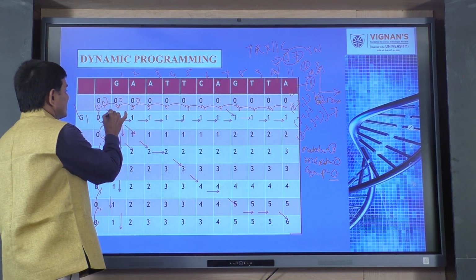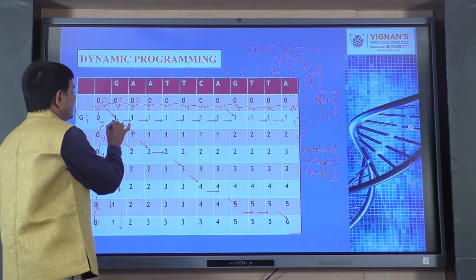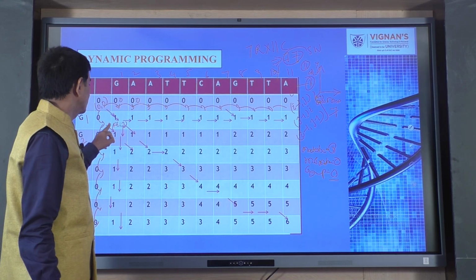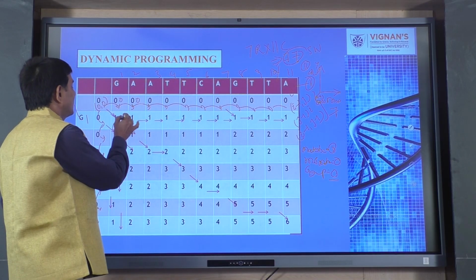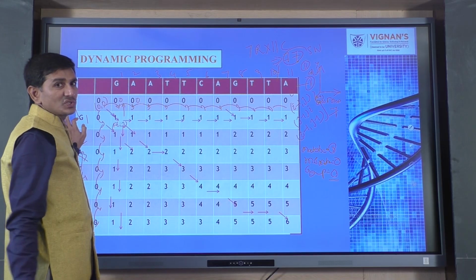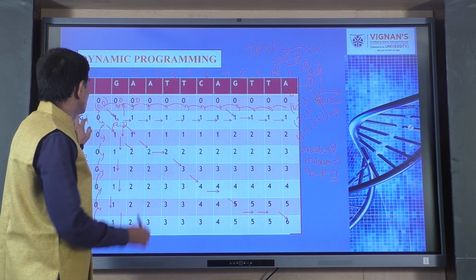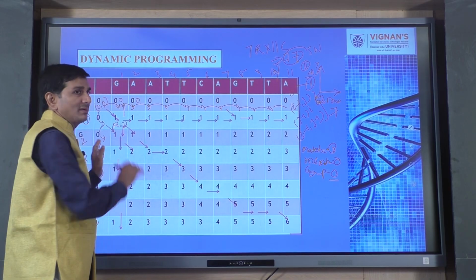Next, coming to this first cell. The address of this first cell in this matrix is f of i comma j. As you move up, there is change in row. Initially the row value was 1, now the row value is 0.